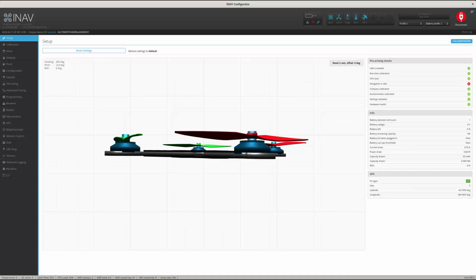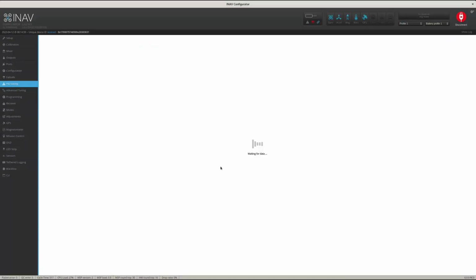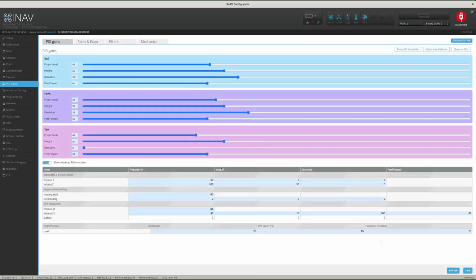And today, I'm on iNav Configurator. So what I've been doing for the past months, trying to figure out that shaking thing, is this part over here, the derivative on roll and pitch.